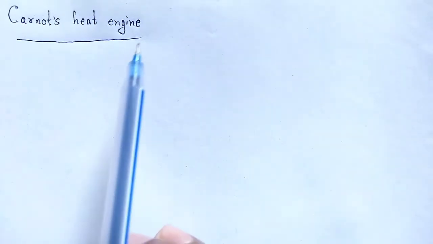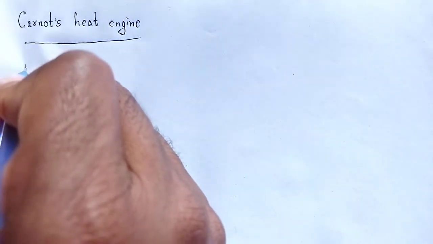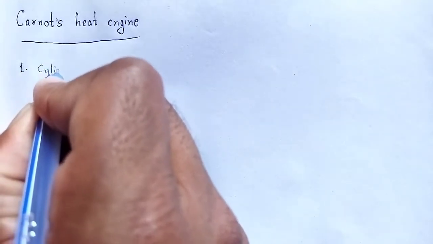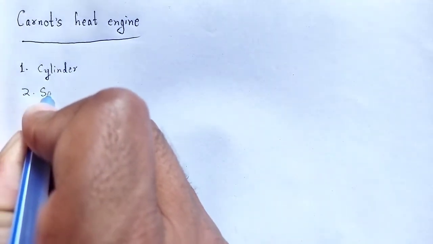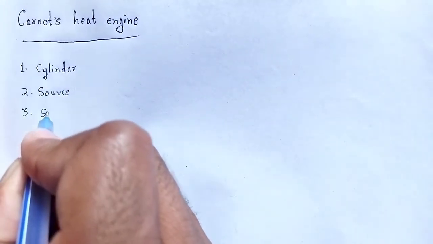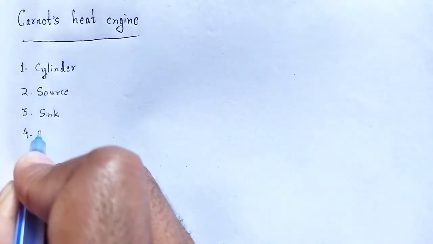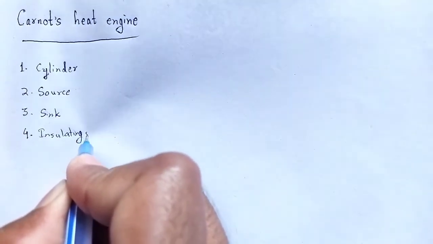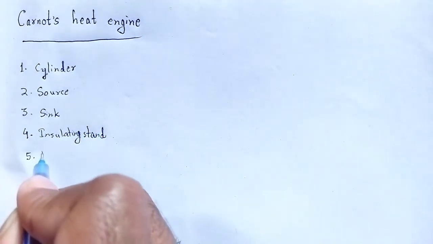The Carnot's heat engine consists of 5 parts. The parts are the cylinder, source, sink, insulating stand, and fifth, working substance.